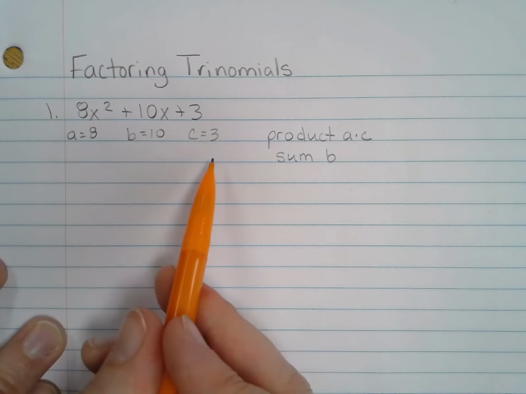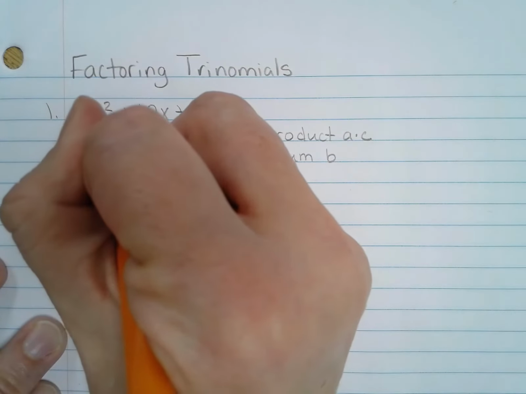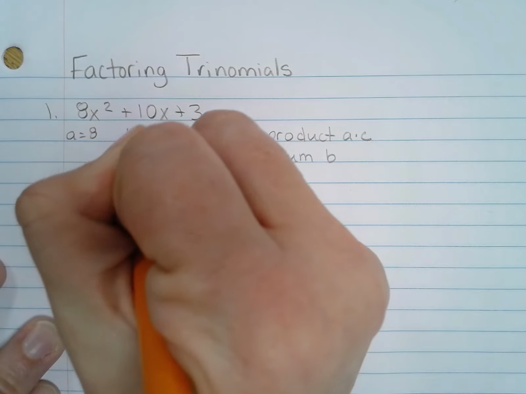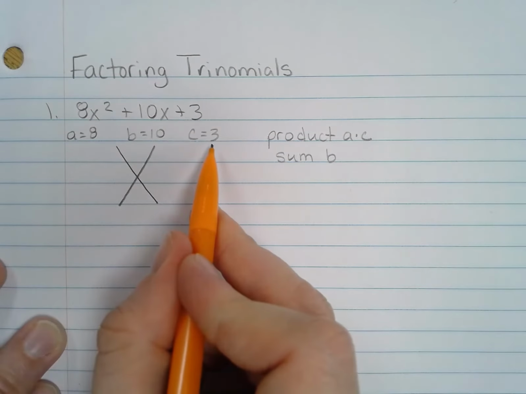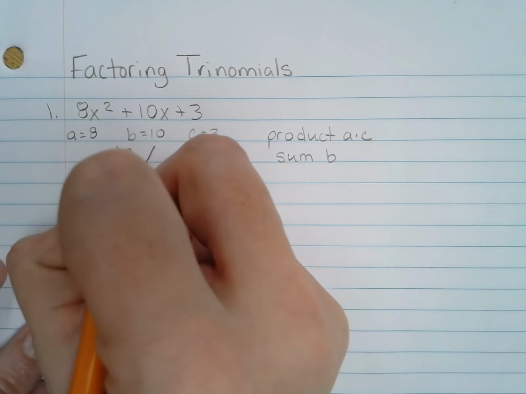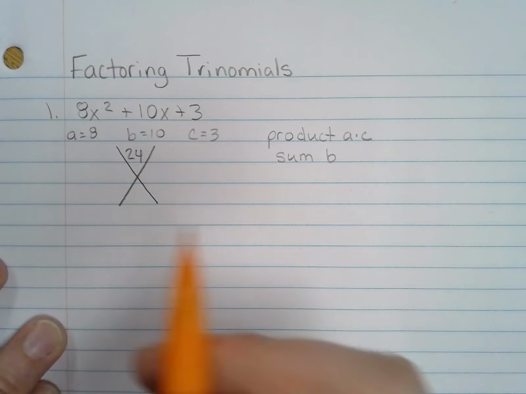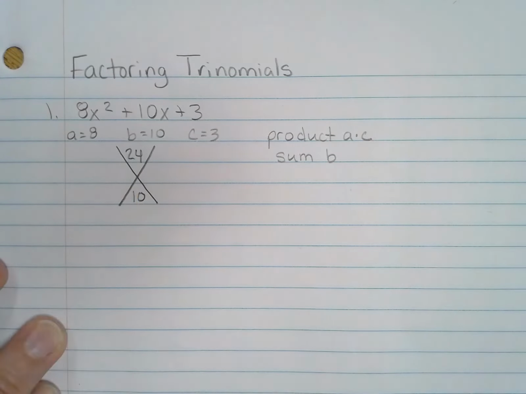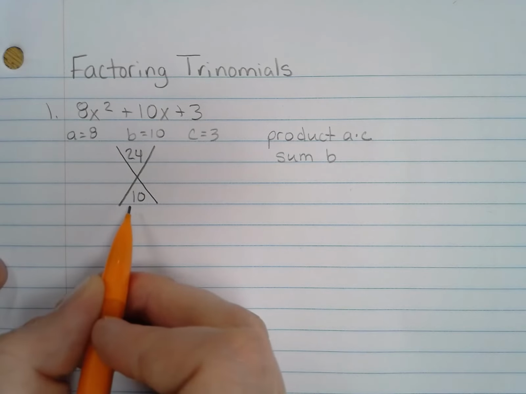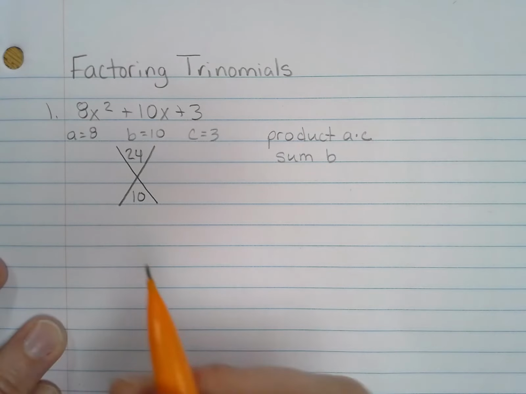8 times 3, and you can just use your product sum puzzles. 8 times 3 is 24. And our sum number, B, goes on the bottom. So we will make a list of factors of 24 in order to find the ones that add to give us 10.